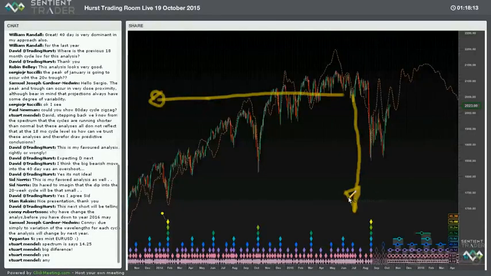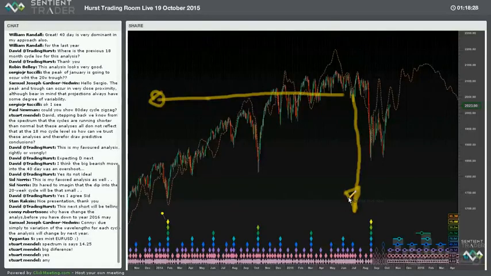There's a subtle difference between when a cycle experiences a trough and when that trough manifests in price. It's a subtle thing, and we don't speak much about it, but it's actually quite an important point.